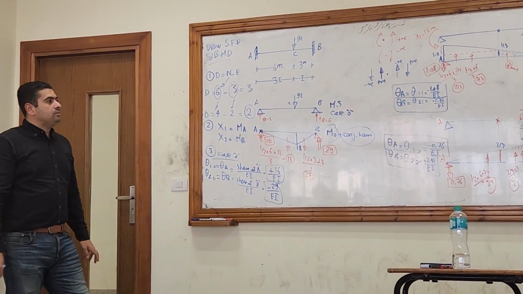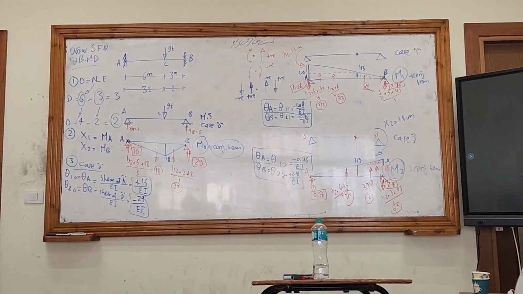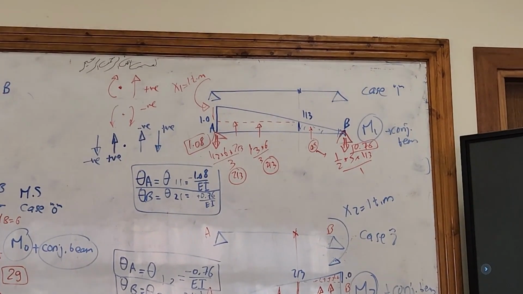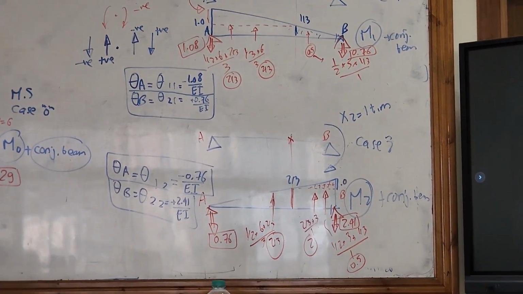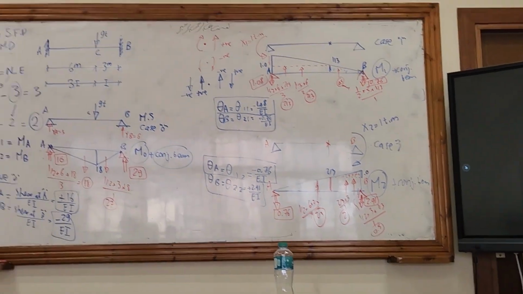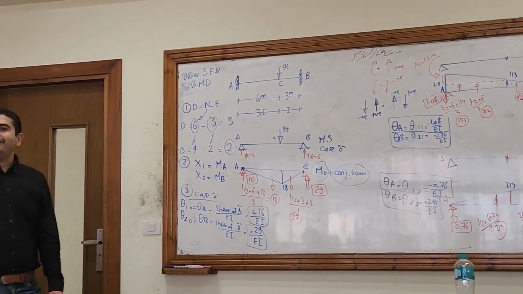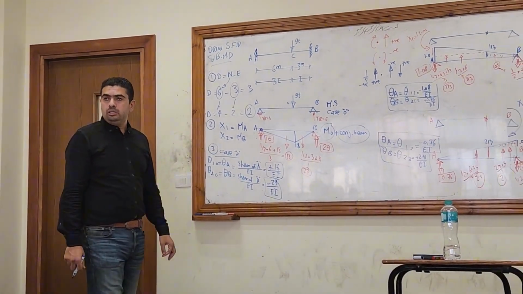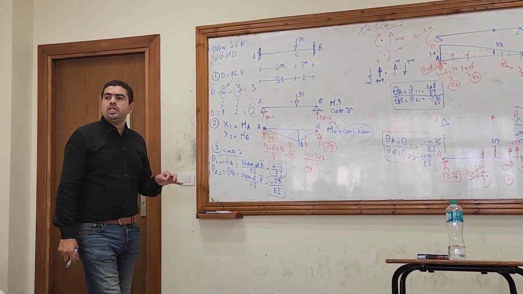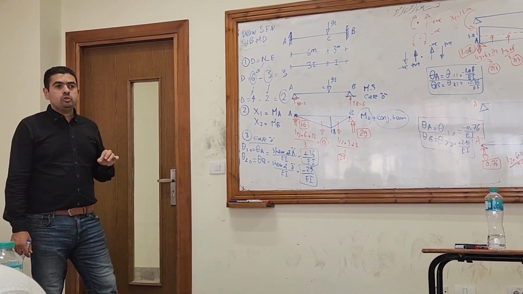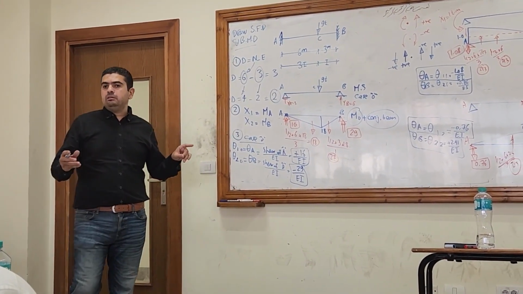Okay? But I have a very good check. I can check my solution is right or not. What is the check? Theta 1, 2 and theta 2, 1 must be equal. Even though you are calculating that, it's not only theta.